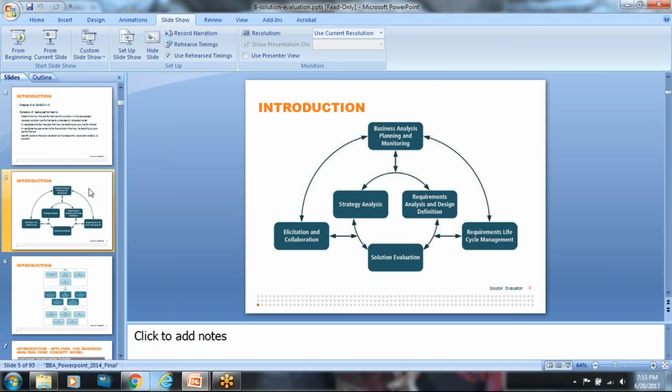That's the high-level need and scope definition phase, where we're evaluating possible solutions that will help the enterprise create greater value for its stakeholders. And then requirements analysis and design definition is all that stuff we as BAs do to structure and organize requirements, discover, specify, model, and so on.